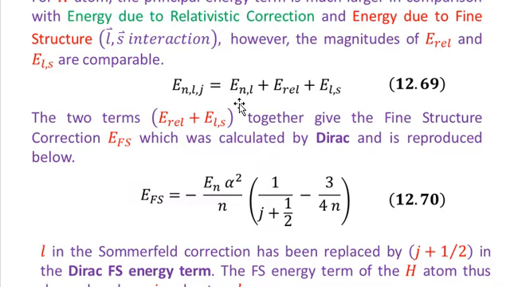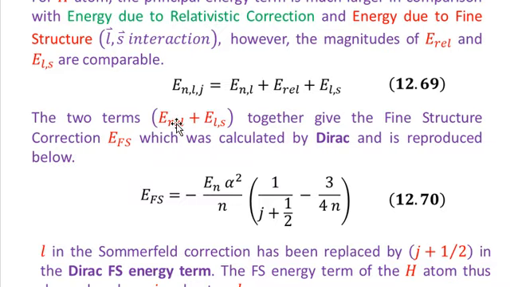So the energy here depends upon two quantum numbers, principal quantum number n and the orbital quantum number L, and then we have the correction due to the relativistic motion, relative motion between the electron and the nucleus. Due to that relative motion we have this correction, which is E_REL, and then due to the spin orbit coupling I have the term which is E_LS. So these three energy terms will then add together to give you the total energy of an electron in an atom. And this energy expression is shown in equation number 69.